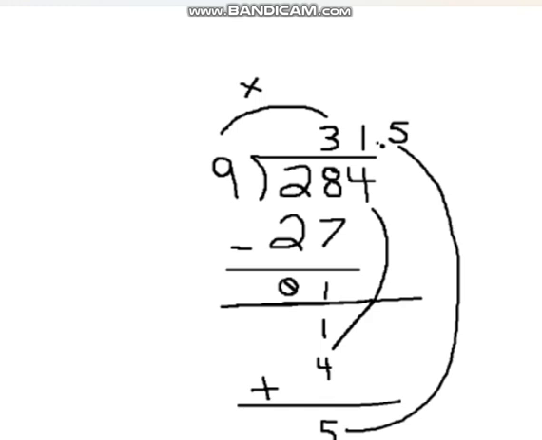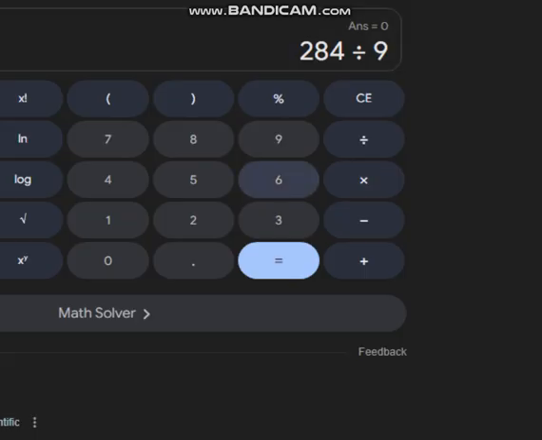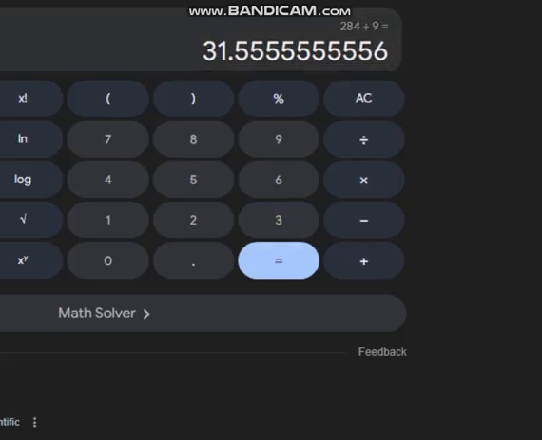My answer that I gave was 31.5. It's a near exact quotient, so nearly the exact result is what I'm giving. And if I equal this, you'll notice 31.5, so it's off by a margin of 0.0555555556, but that is so minimal that it's essentially 31.5.